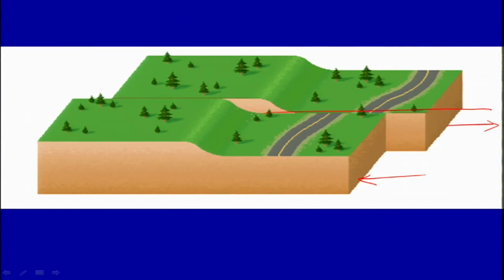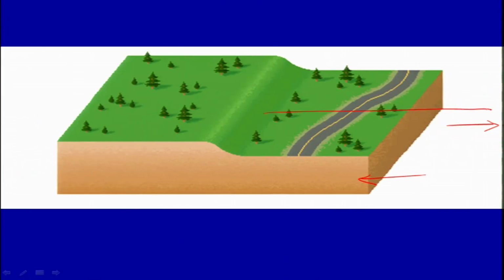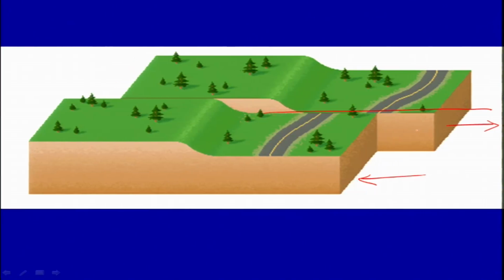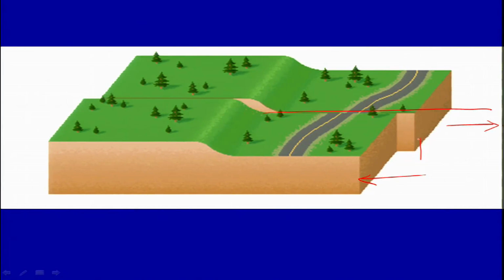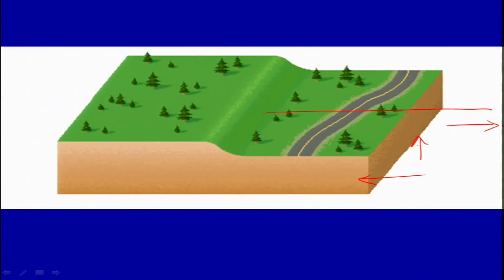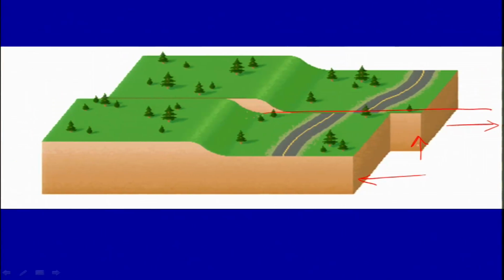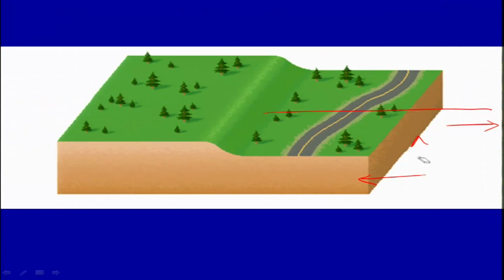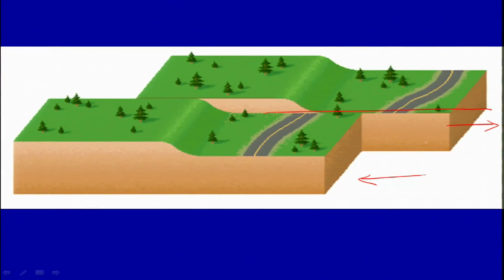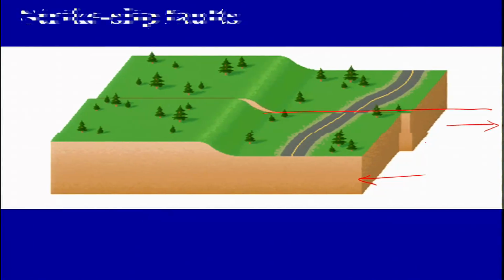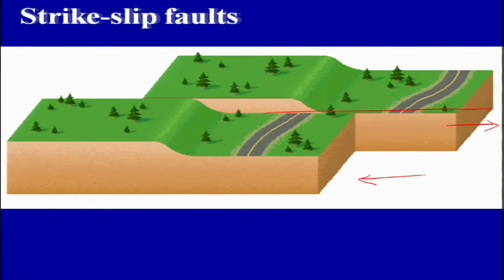This is typical of a strike slip fault, okay, because this is the strike, this is your fault plane here, okay. This one is the fault plane. So the fault plane is almost vertical, and the displacement which has been observed is along the strike of the fault. Okay. So this is typical of strike slip faulting.